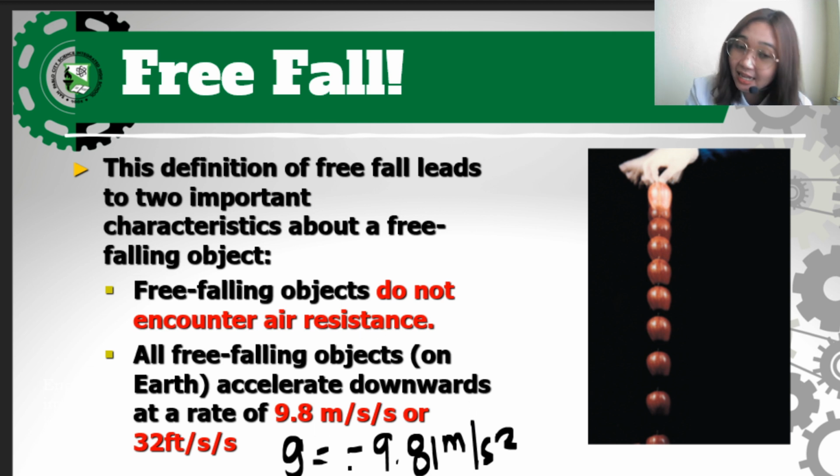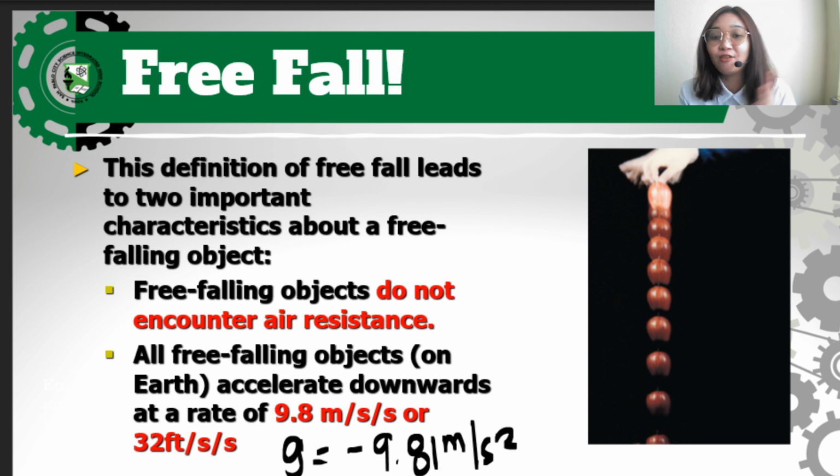And acceleration is a vector quantity. Okay? So, paano natin i-represent yung downward motion ni gravity or ni gravitational force? So, we need to add the negative sign before the magnitude, which is 9.81 meters per second squared. Okay? So, nagigets po ba yun?